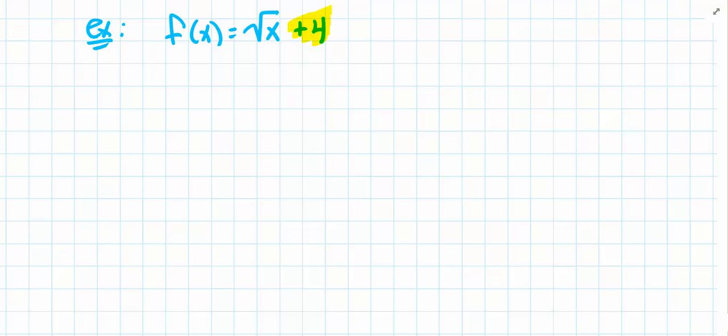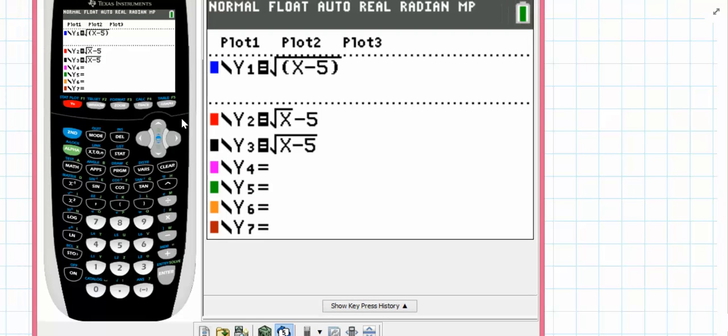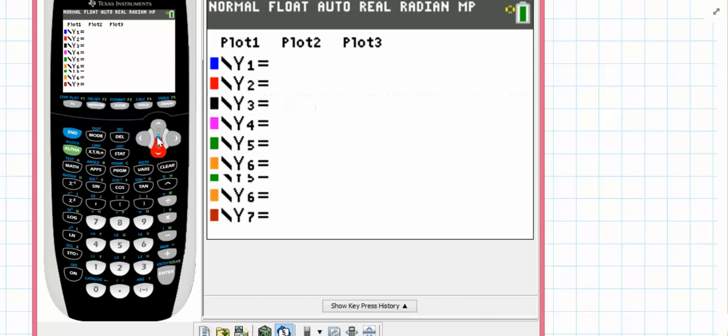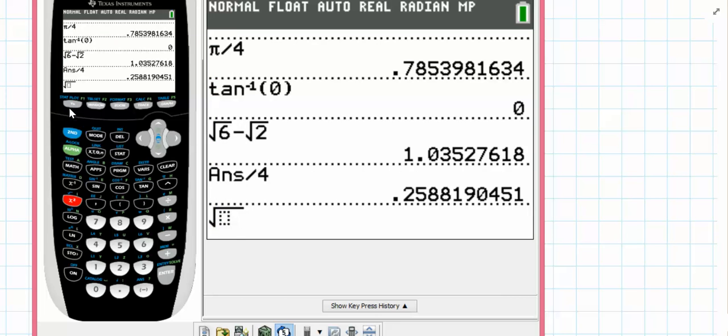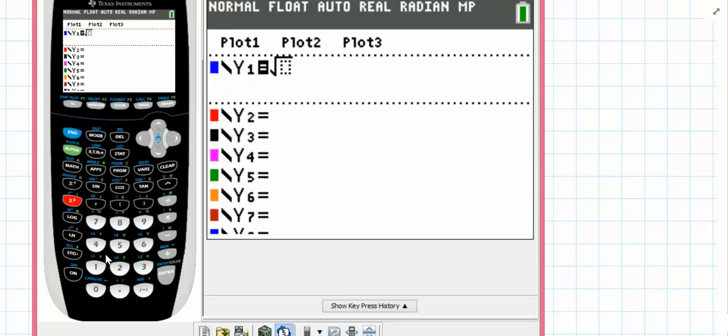So if we're going to plug this into the calculator and actually compare the two, go to y equals wherever you're at, clear everything else out. Whatever you got in there, clear it out. And punch in, if you don't know how to punch in the square root function, second square root of x.